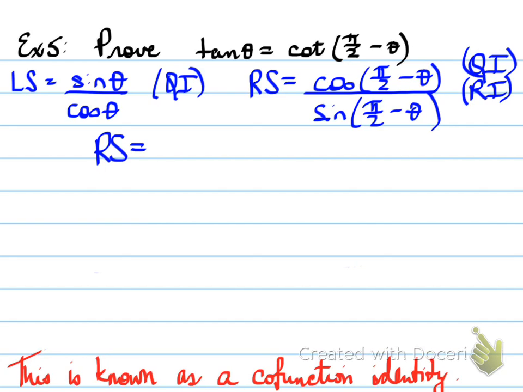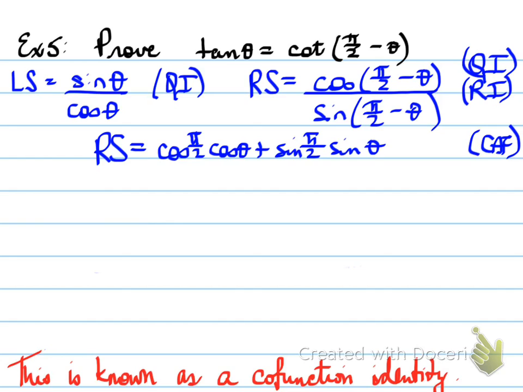The right side, using the CAF rule for that, the numerator will be cosine pi over 2 times cos theta plus sine pi over 2 times sine theta.